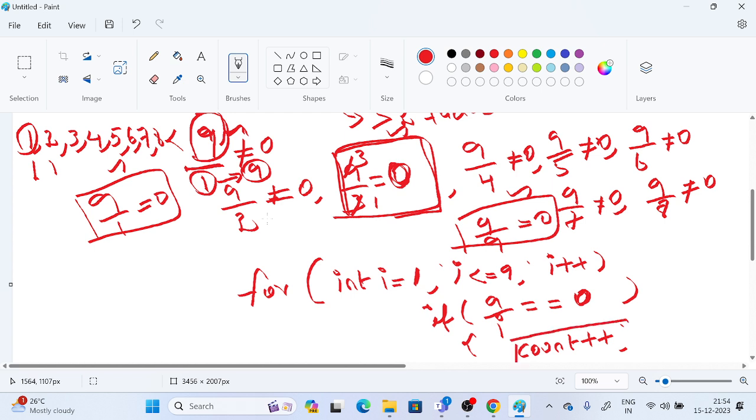This count is going to be a variable. We will initialize the count with the default value, count equal to 0.